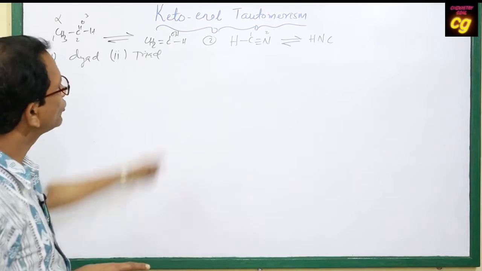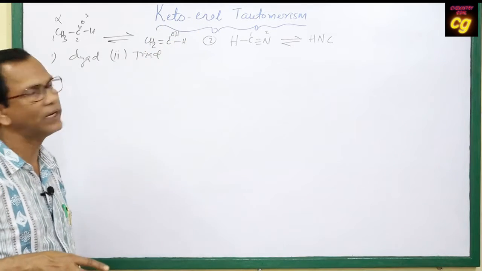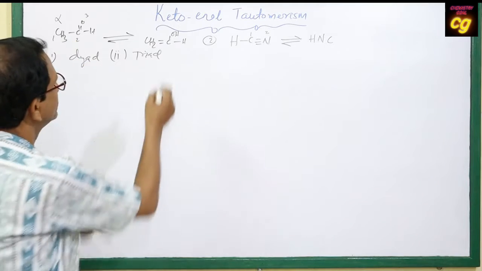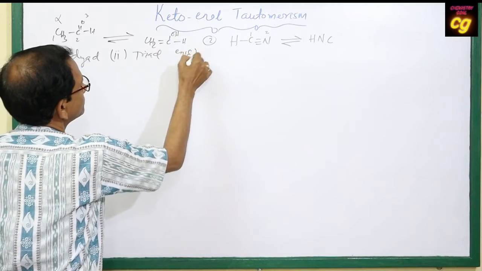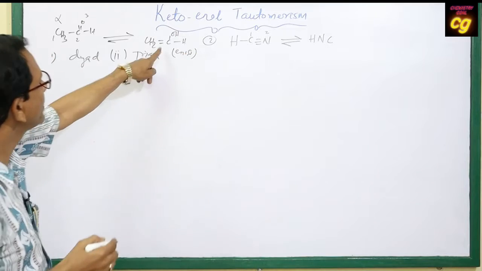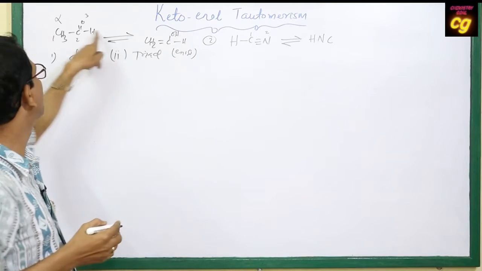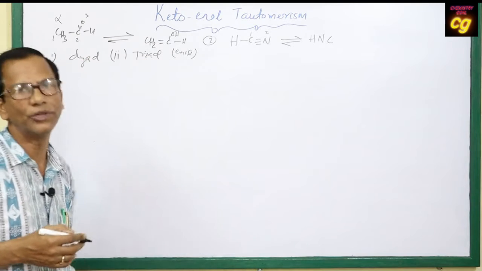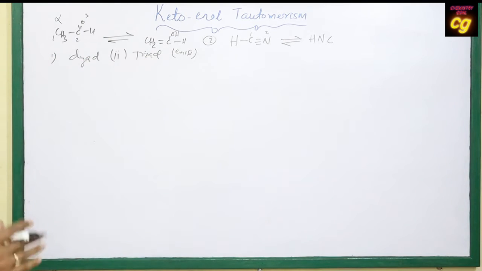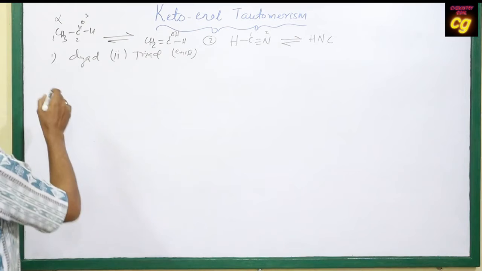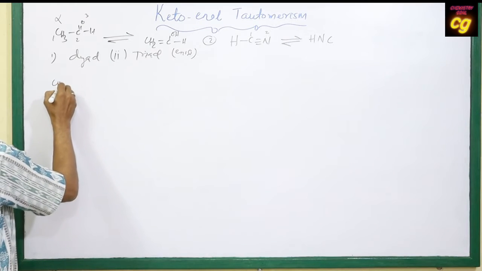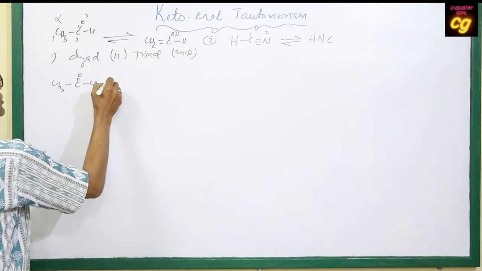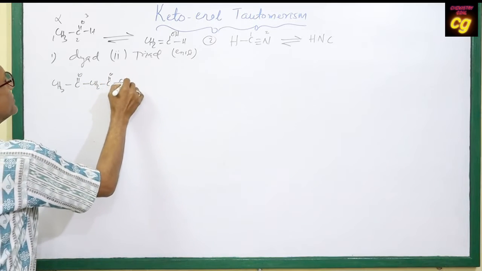So this type of shifting of alpha hydrogen atom from one atom to another is called tautomerism, and the tautomers are also called keto-enol forms. This is your keto, this is enol. Enol means having a double bond and an OH group, and keto means having only the keto group. For example, take CH3-C=O-CH2-C=O-CH3.